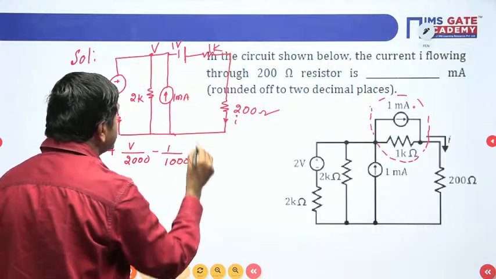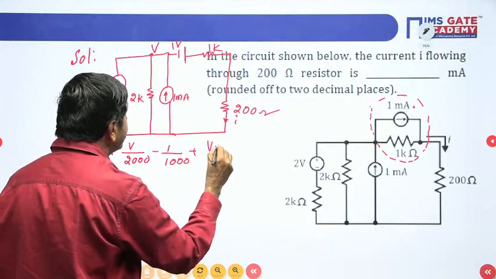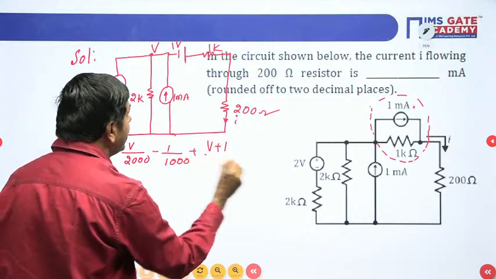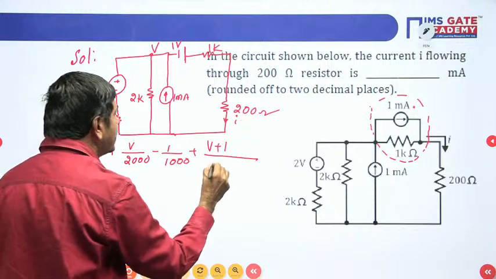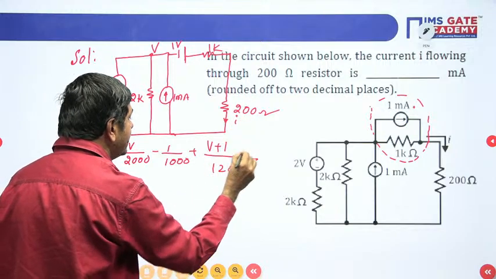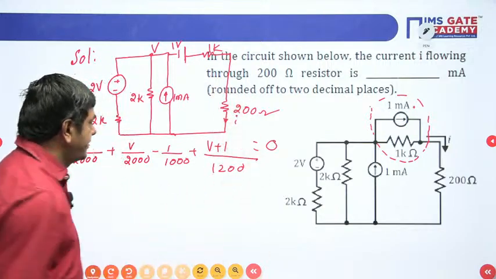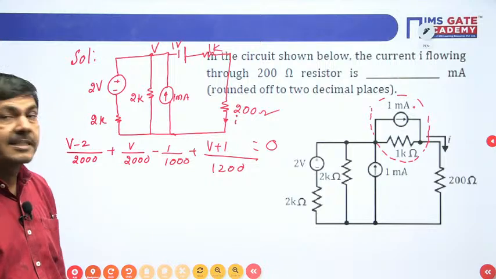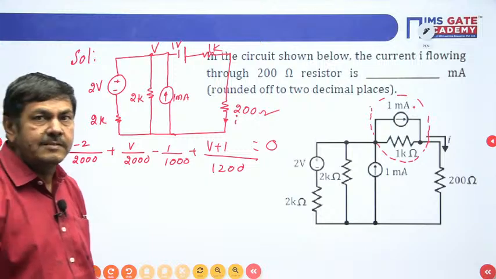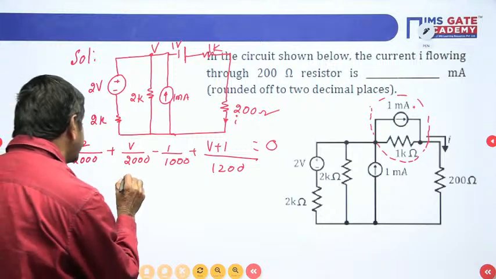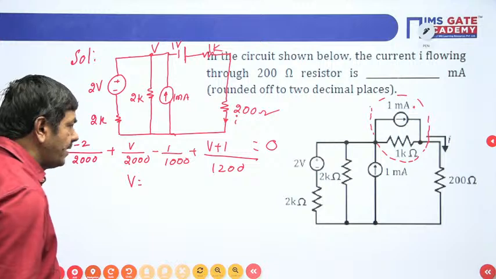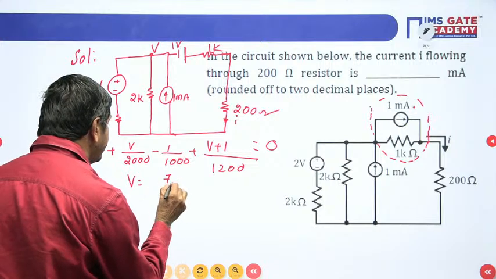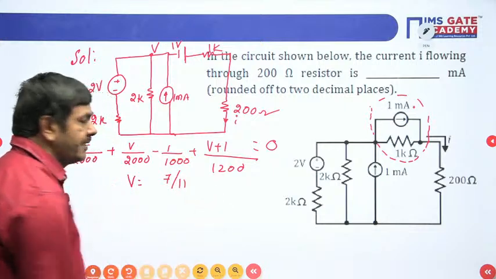Plus V plus 1 divided by 1000 plus 200, 1200, I can get here. That equals 0. By using this equation, you can determine voltage V. If you use the calculator, voltage V you will get as 7 by 11. It comes as 7 by 11.